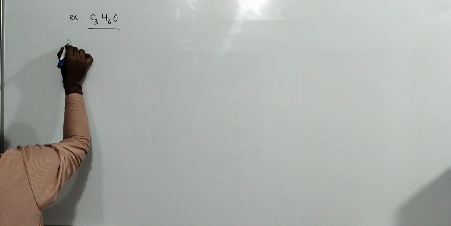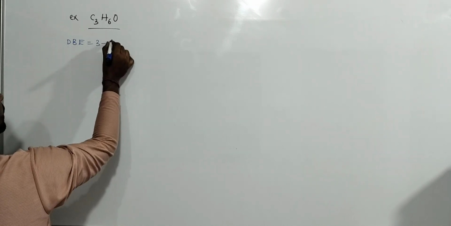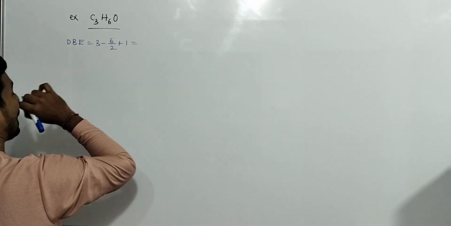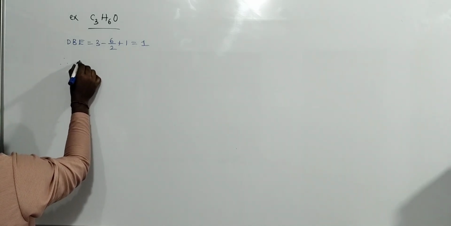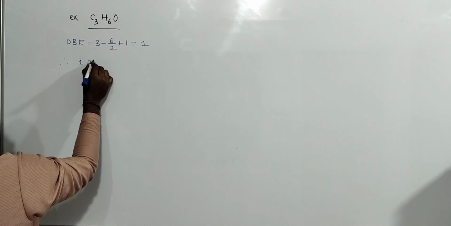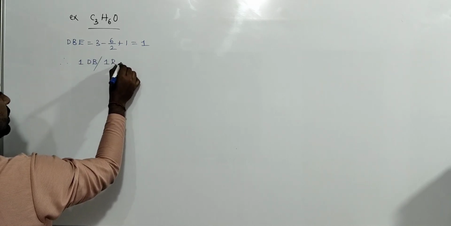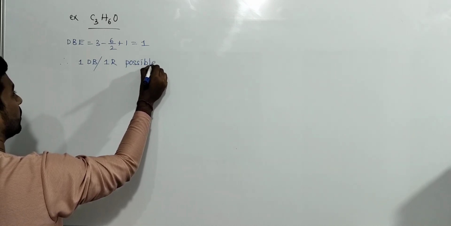Double bond equivalence is the number of carbon atoms 3, number of hydrogen atoms 6/2, nitrogens absent, plus 1. Double bond equivalence is 1. Therefore, one double bond equivalence means one double bond or one ring possible.